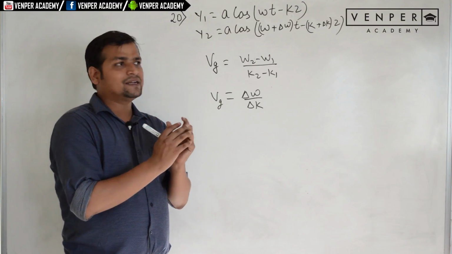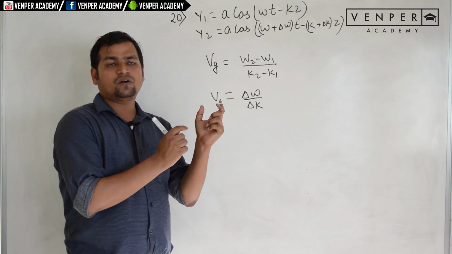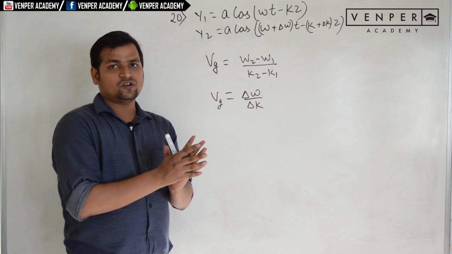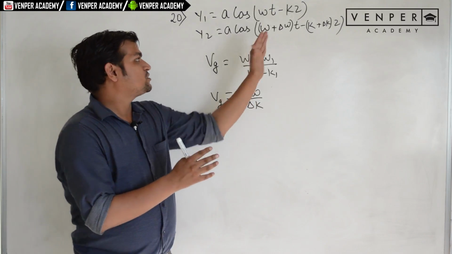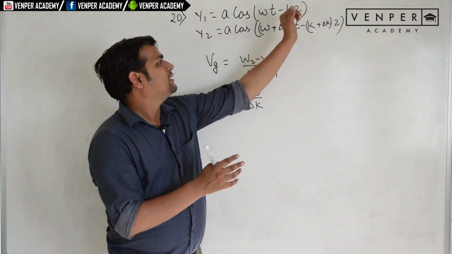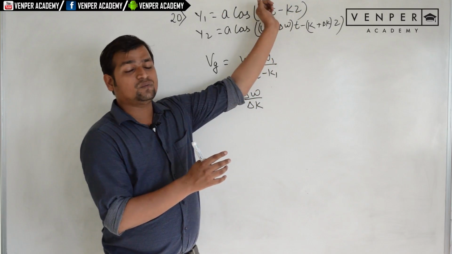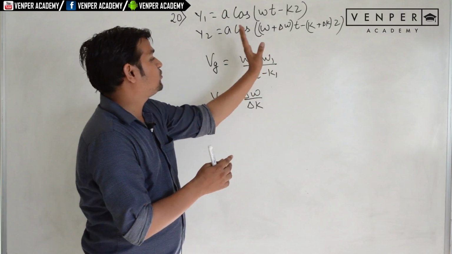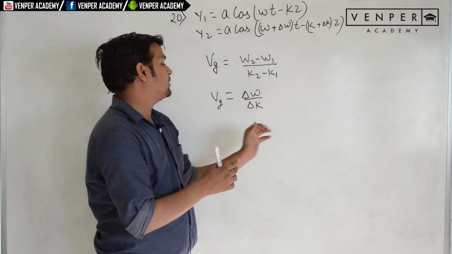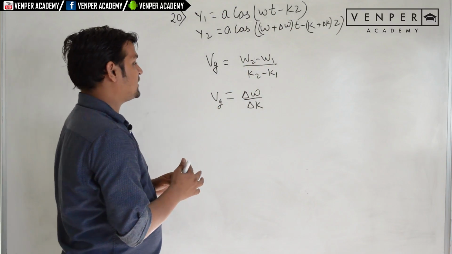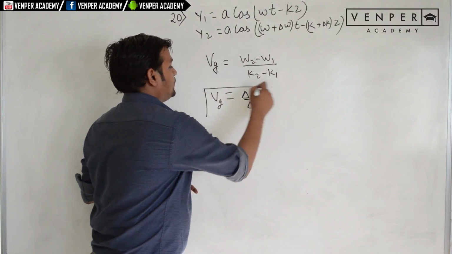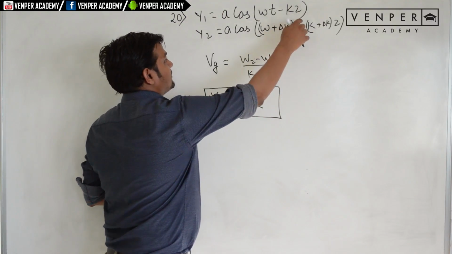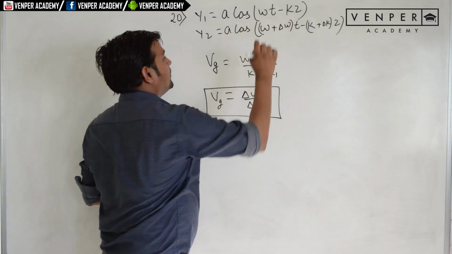Group velocity is the change in angular frequency by the change in wave number, so w2 minus w1 by k2 minus k1. On subtracting these two, you get group velocity as delta w by delta k.